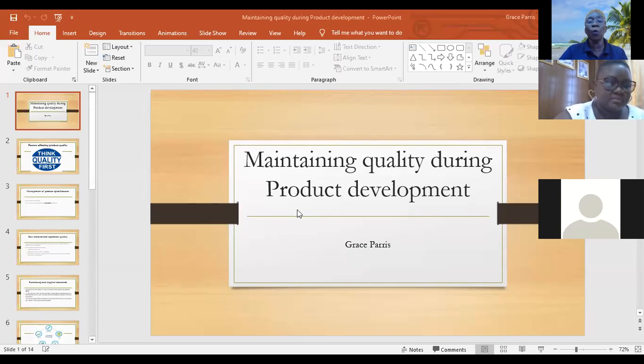We're maintaining quality during product development, and it's not only during product development, but it is for always. How many of us have gone to exhibitions and seen products that we're excited about and like?